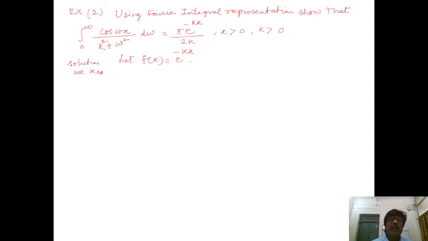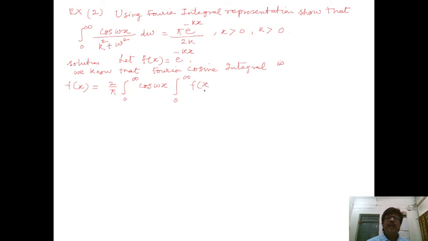Now, what is the Fourier cosine integral representation? We know that the Fourier cosine integral is f of x is equal to 2 upon pi integral 0 to infinity cos of omega x integral 0 to infinity f of t into cos of omega t, instead of lambda here, it is given as omega, dt d omega.